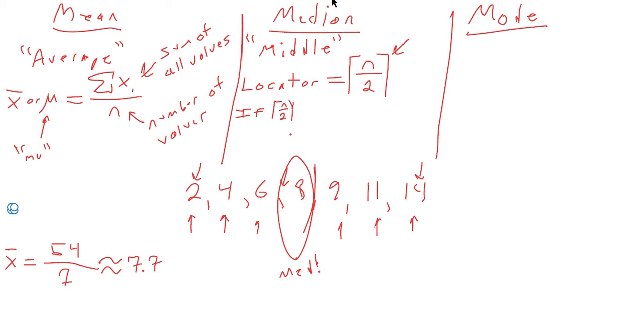Well, I'll say really, when you do n divided by 2, if n divided by 2 is a decimal, then you use n divided by 2, so you use the ceiling function.